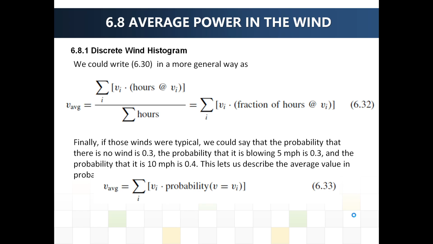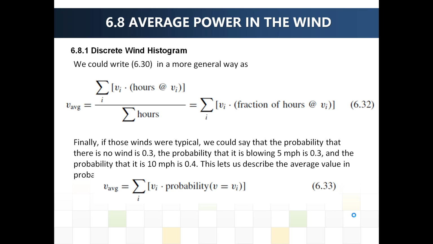We could write this in a more general way. V average is equal to the sum of Vi multiplied by the number of hours at Vi, divided by the total number of hours. So V average is equal to the sum of Vi multiplied by the fraction of hours at Vi.